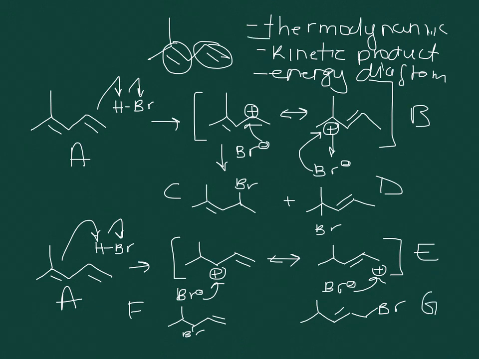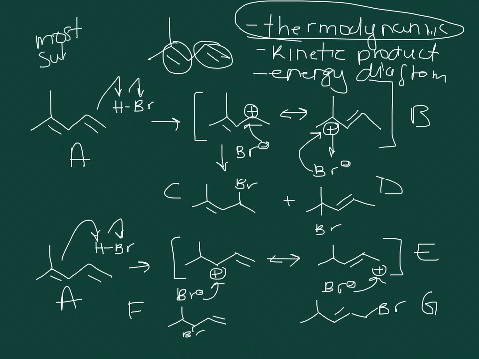Now, let's start with the thermodynamic product. The thermodynamic product has to be the most stable alkene. So we need to look for the most substituted alkene. So here we have three substituents.